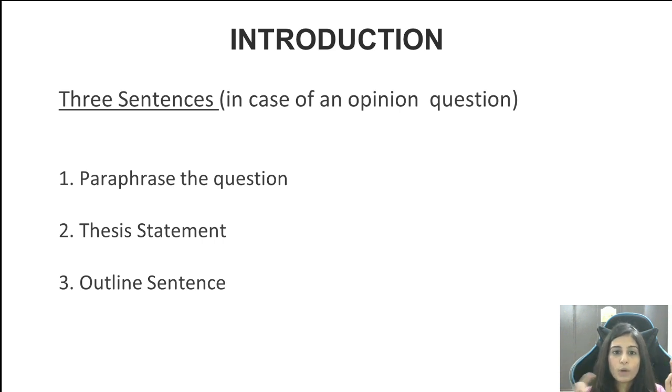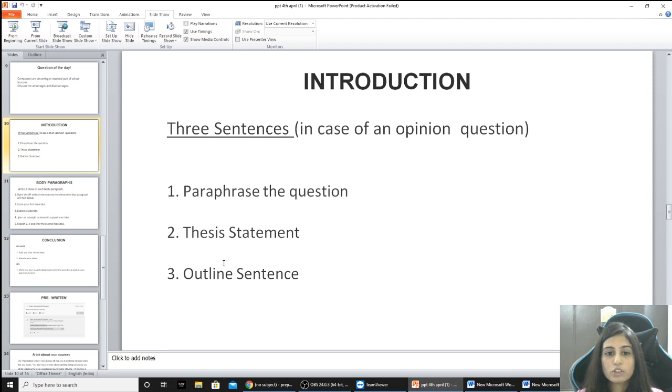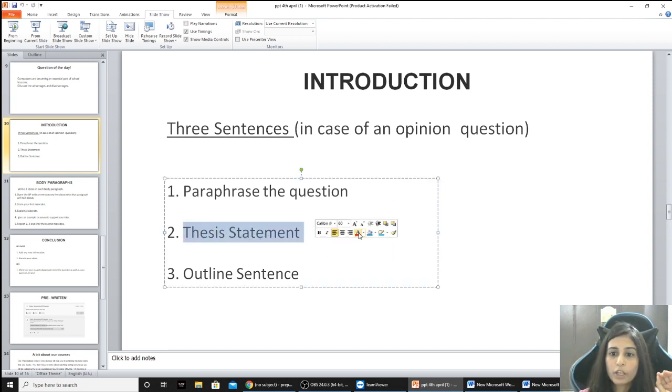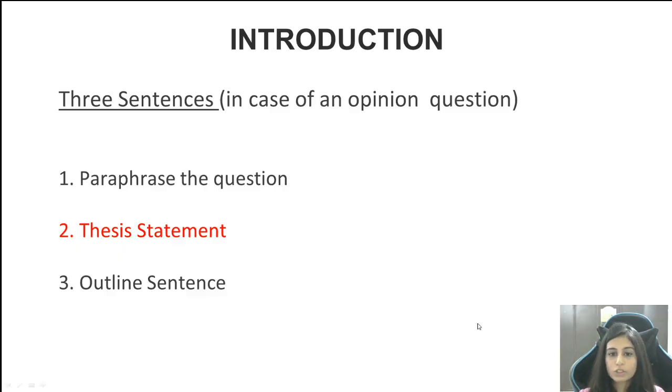First of all, you have to paraphrase the question. Please quickly do that. Then you have to write the thesis statement, but only in the case of opinion questions. As most of you said that this is not an opinion question, you should not be writing a thesis statement. Thesis statement nahi likhna hai in this particular question.